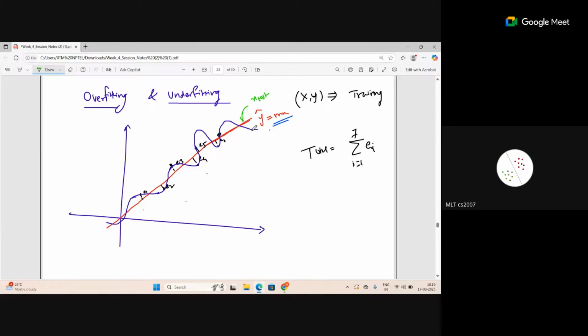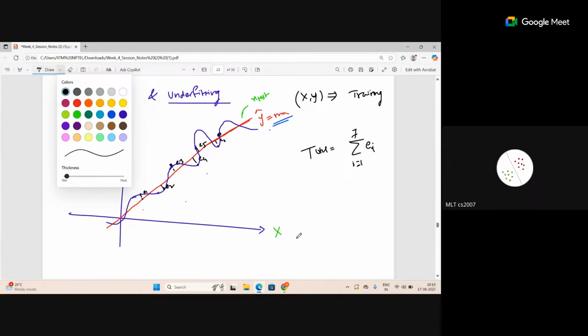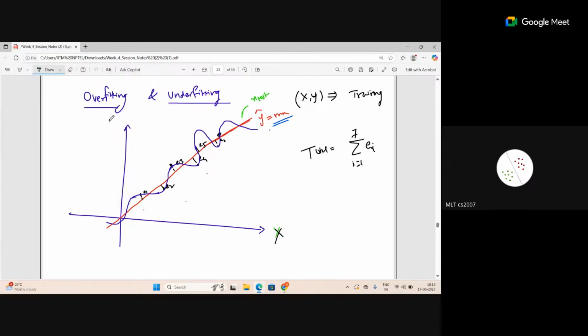Red one, right? Okay, if I choose the blue one, what will be the error in this case? What will the prediction be? The prediction is here, right? Suppose this is your x, and we'll talk only about x and y, and all these data points here, x1, x2, x3, like that, which I have plotted.